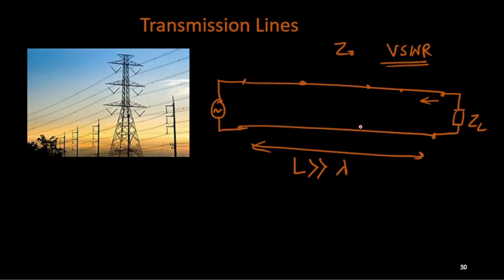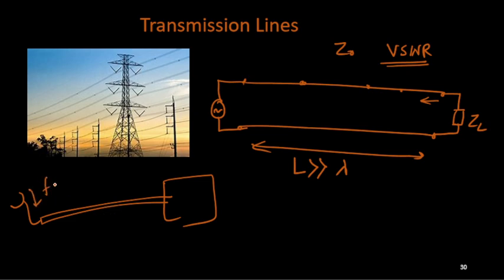Okay, so the transmission line is the most important thing, and you have seen that in your TV set as well. Suppose I have one TV set and one receiving antenna here. To connect to the TV set we use one wire, and this signal has a very high frequency. f is very large, so lambda is small.